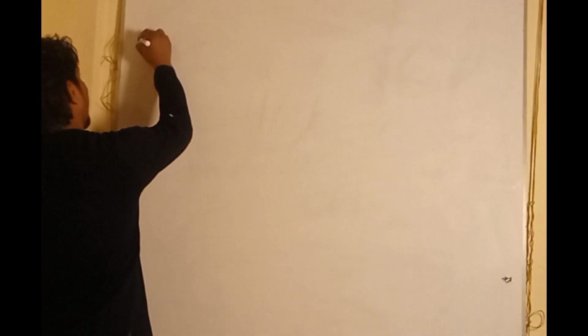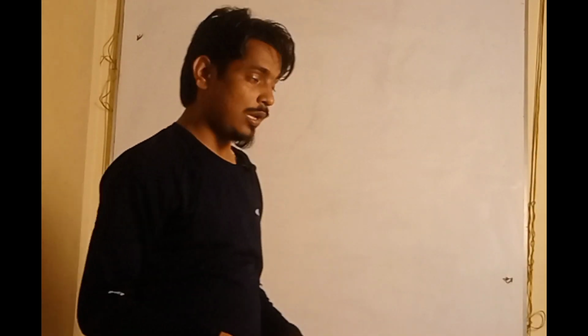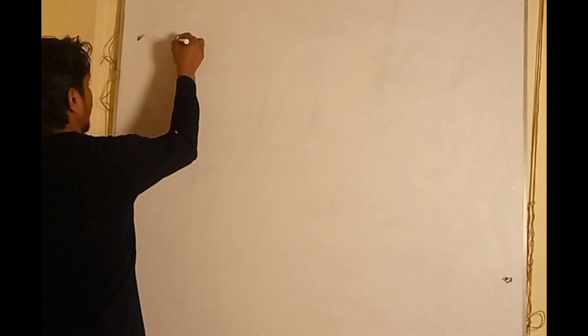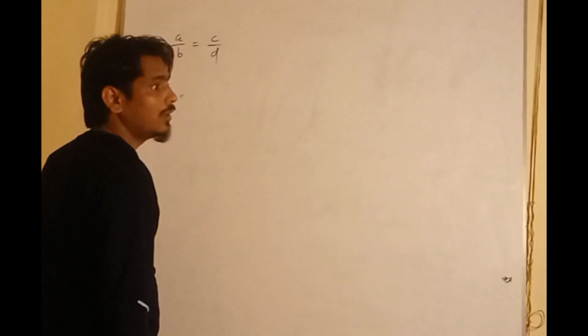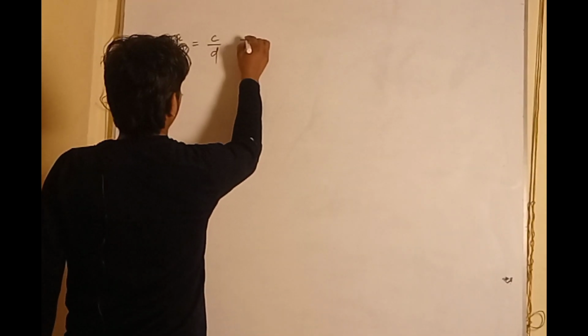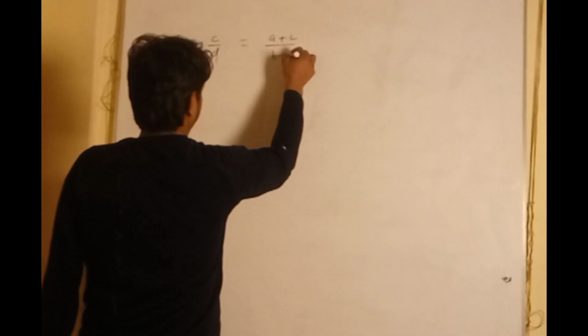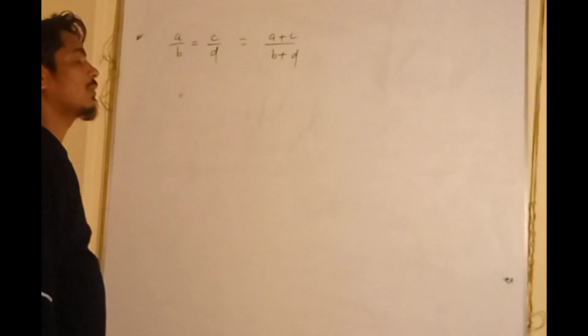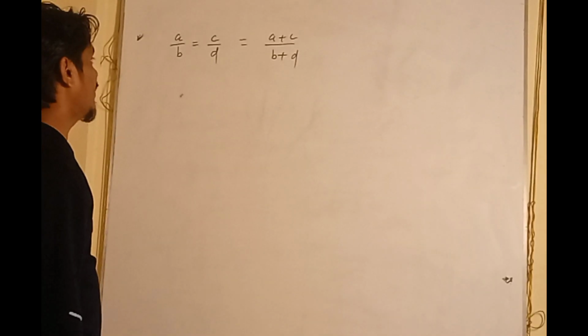Let's see, if we are given A ratio B is equal to C ratio D, then that will be equal to (A plus C) by (B plus D).